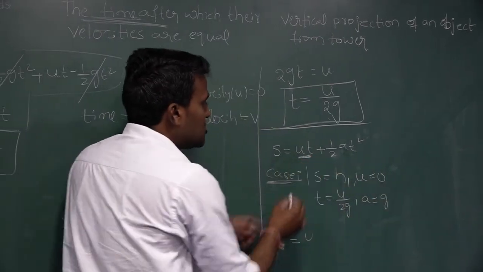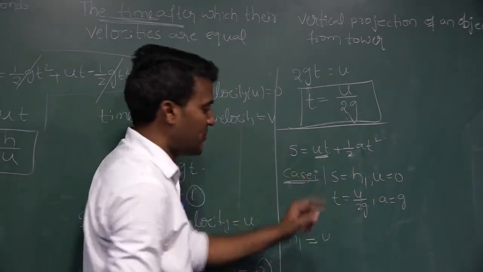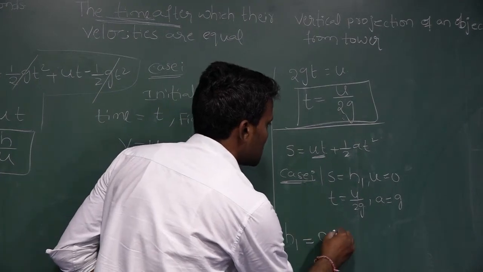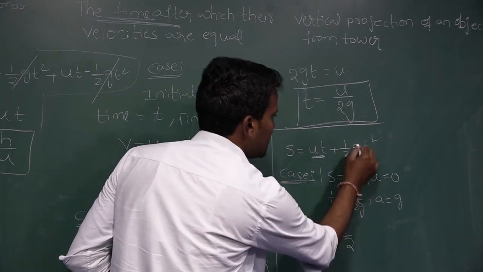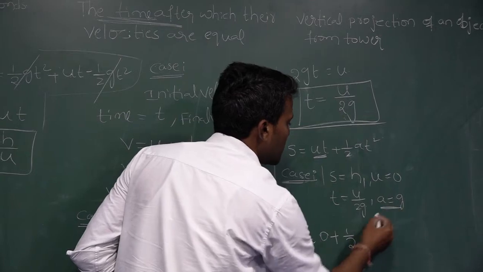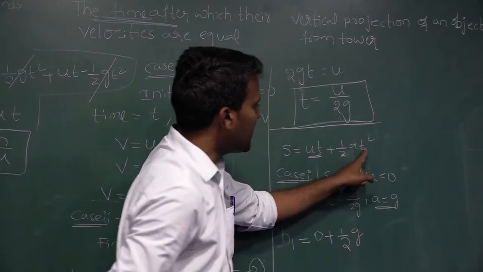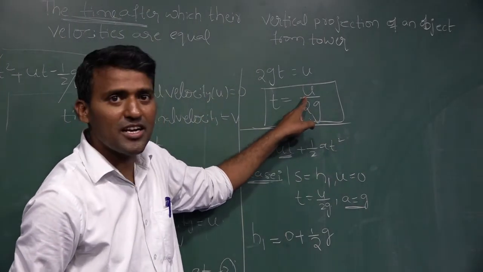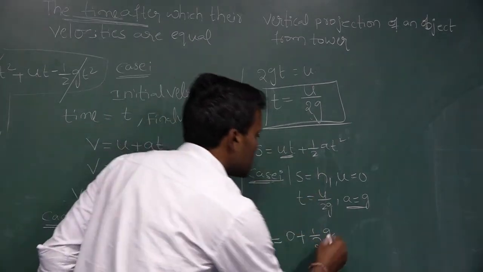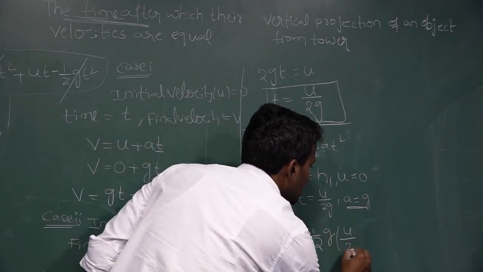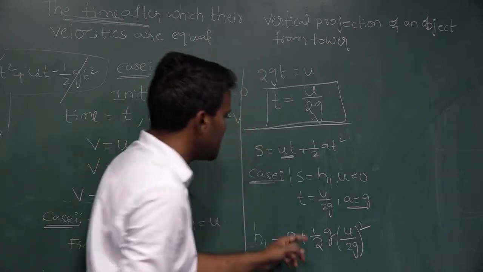I am writing 0 into something, that is 0, plus half. A equal to, we know it very well, g. And t is equal to, we already calculated, u by 2g. I am substituting u by 2g whole square. T square is there, no?